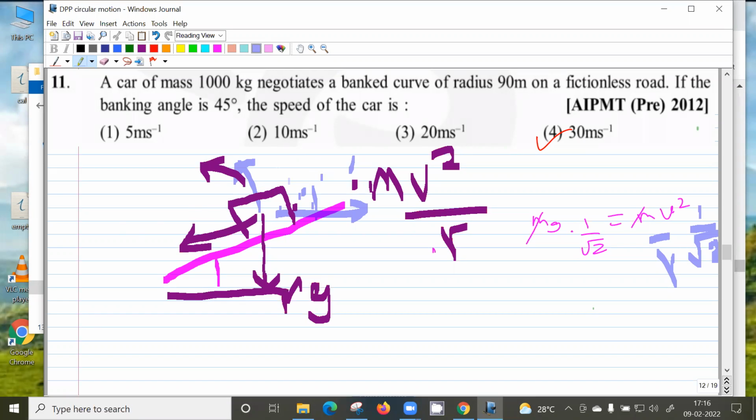It's easy to resolve the forces parallel to the road and perpendicular to the road. Normal reaction will be perpendicular to the road, so if you take parallel to the road, the normal component will not come. If you take another direction, then you have to take the component of the normal force also.